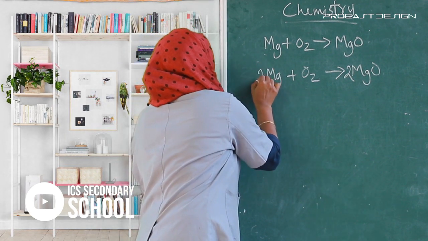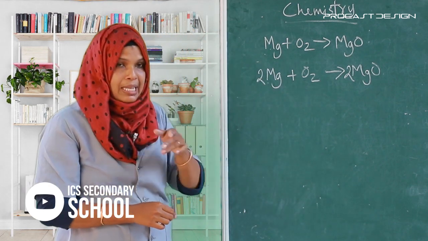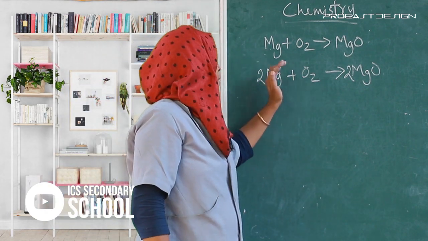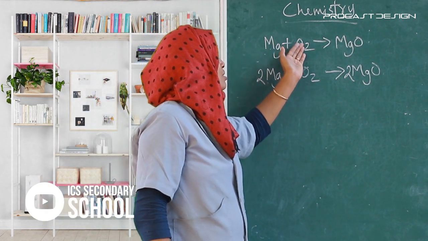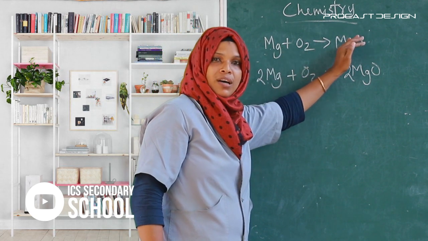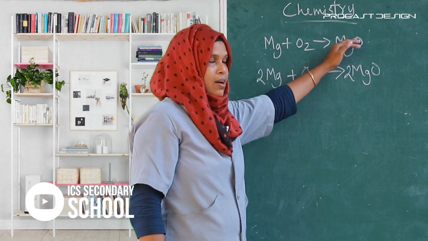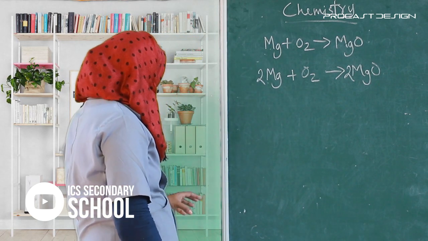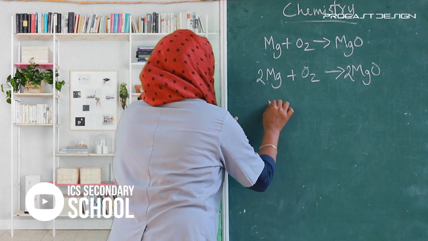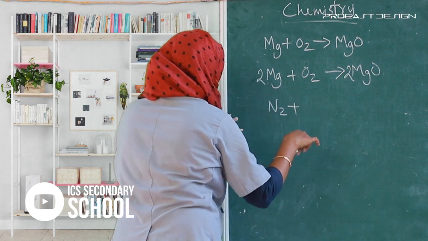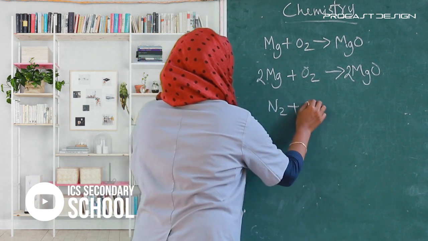So we can write 2 here. This is the balanced chemical equation of magnesium reacting with oxygen to form magnesium oxide. Next question is nitrogen reacting with hydrogen.